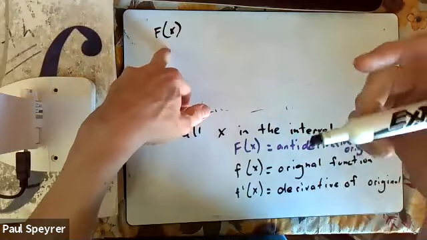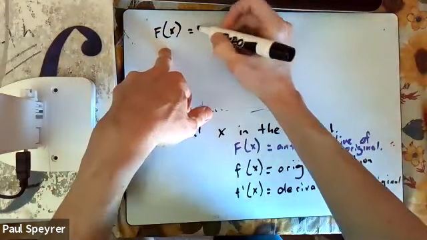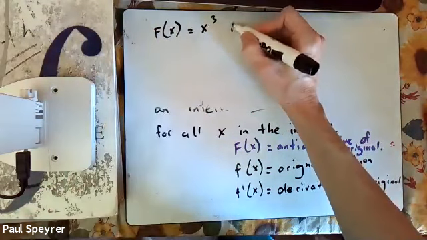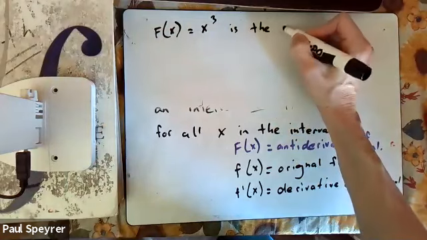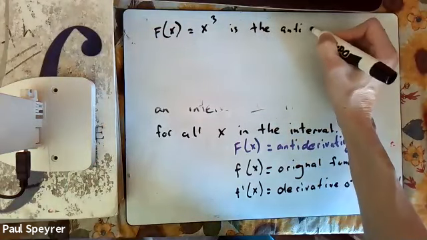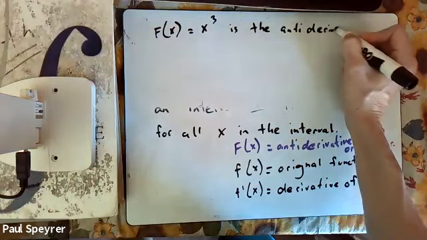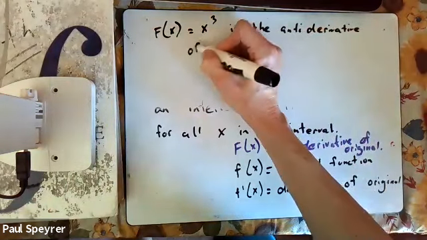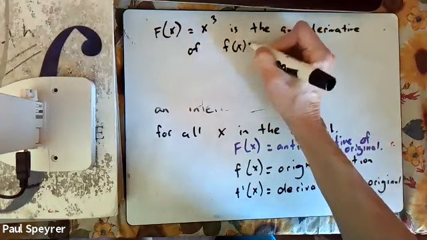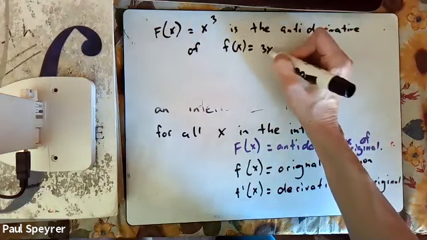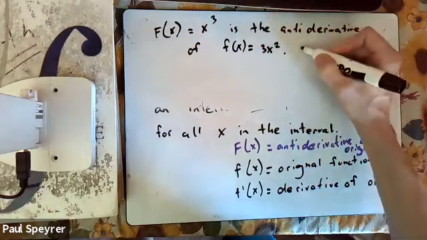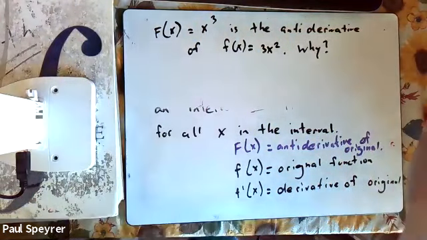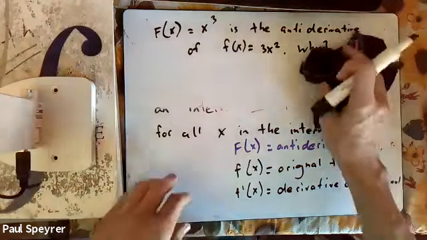So this right here, big F of x, let's say it's equal to x cubed, is the antiderivative of f of x equals 3x squared. Why is that? How can we check that out right here?